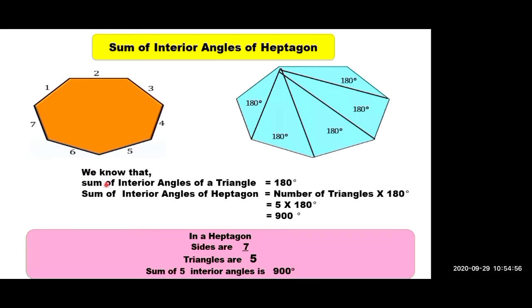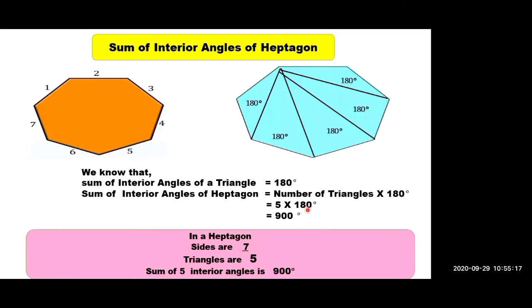So we know that sum of interior angles of a triangle equals 180 degrees. Sum of interior angles of heptagon equals number of triangles into 180 degrees. So number of triangles in heptagon is 5.